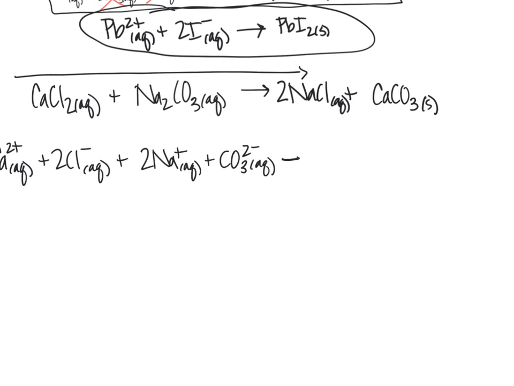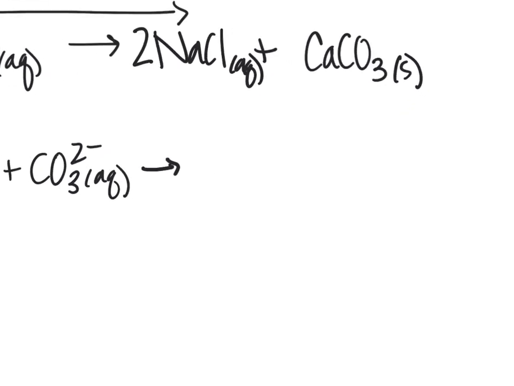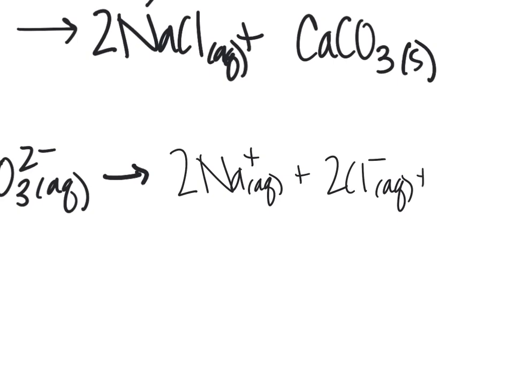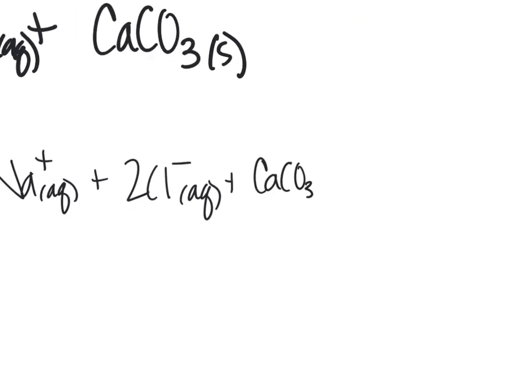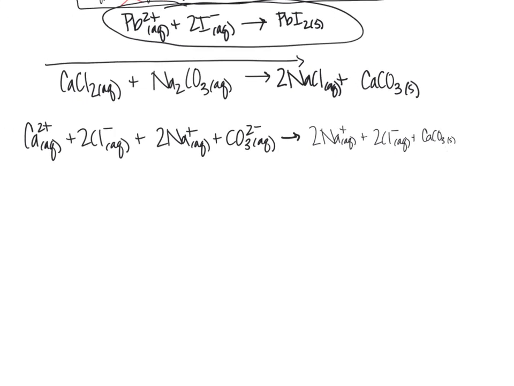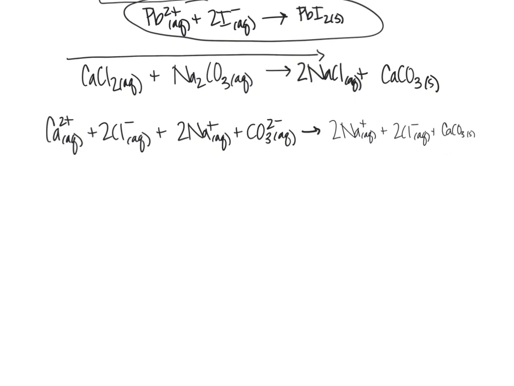So now we can complete our complete ionic with 2Na+ aqueous. Don't ever forget the states. 2Cl- aqueous plus CaCO3 solid. So the complete ionic equation, to be honest, is very long.